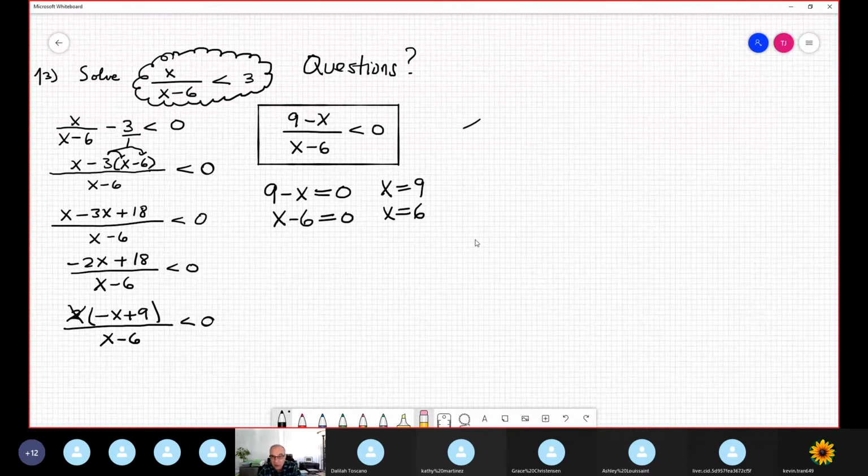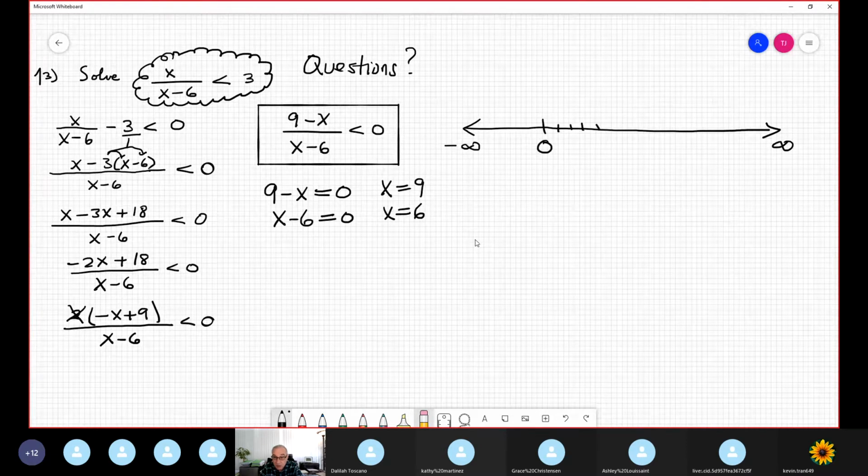Suppose 0 is here, 1, 2, 3, 4, 5, 6, 7, 8, 9. We split our real number line using 2 partitions. Therefore, we have 3 intervals.